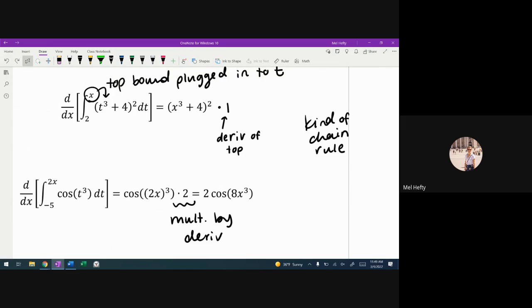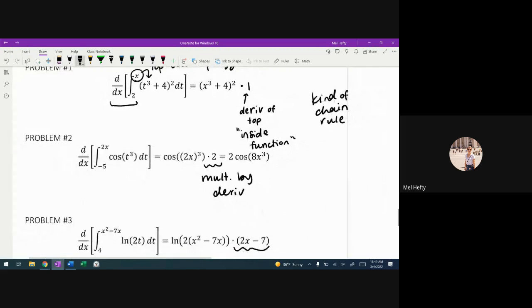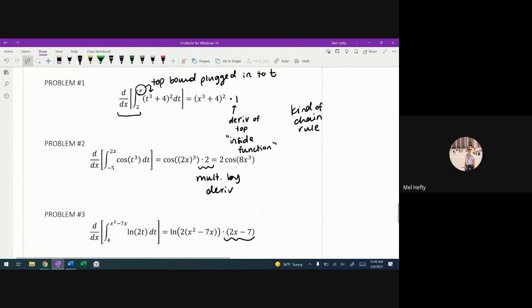Yeah, that top bound seems to be working as the inside function. So we have a little bit of a difference between what we would normally consider our inside function because of this situation right here.